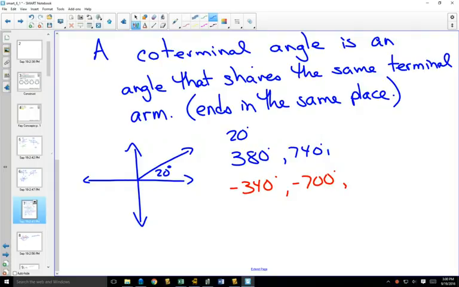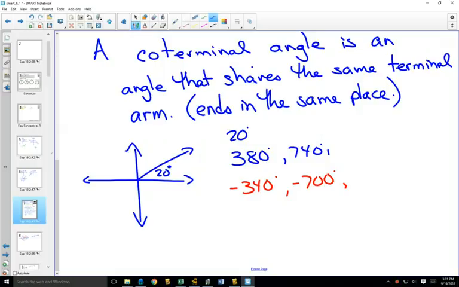You're going to sometimes be asked that: what are all the coterminal angles with 20 degrees? Listing them is going to be a problem, because if we have to write them all, and there's an infinite amount, it's going to take forever.